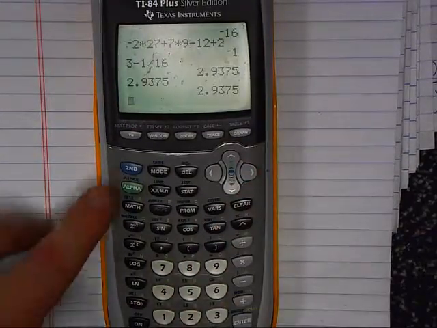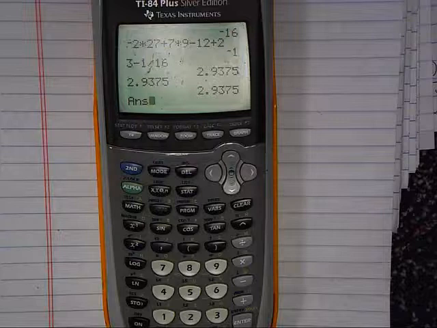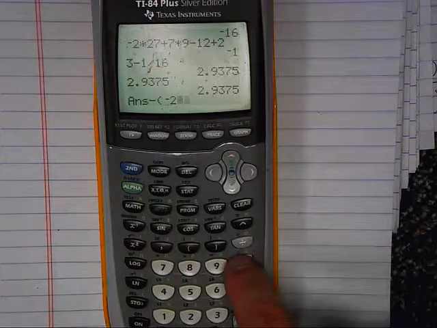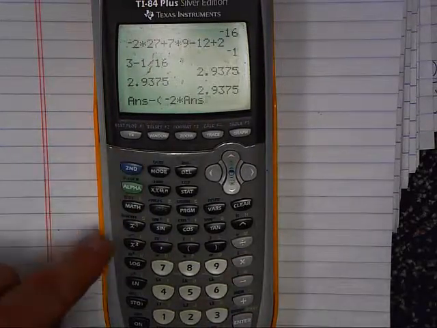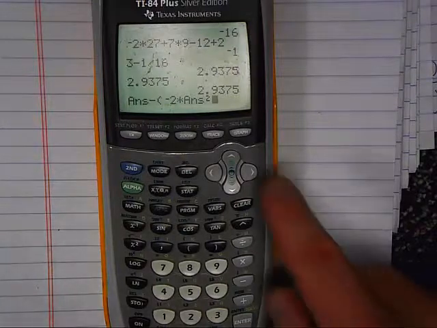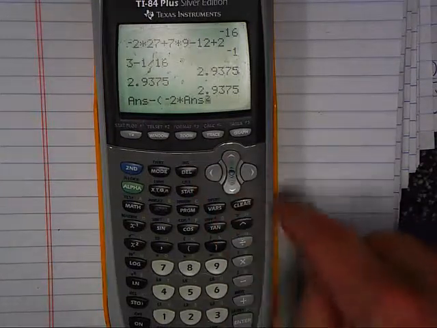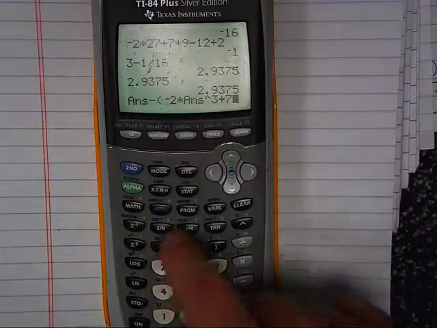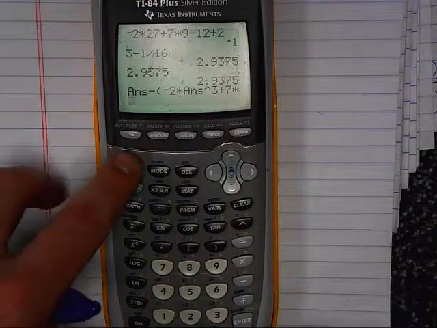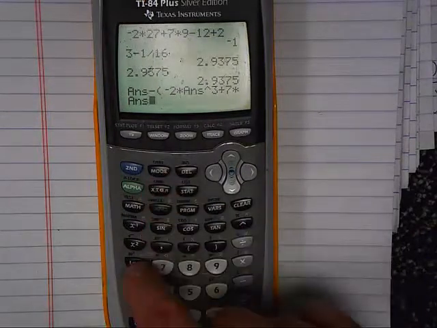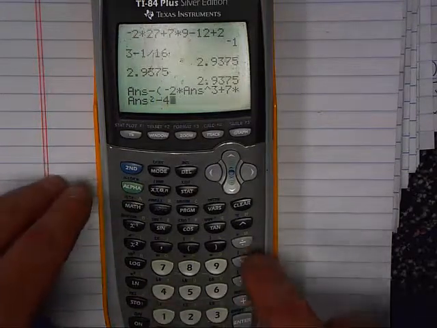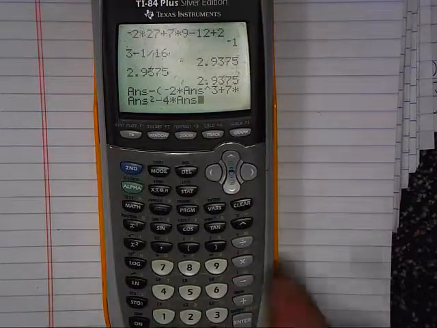So I'm going to take that number, answer, minus negative 2 times answer cubed, I'm sorry, plus 7 times answer squared minus 4 times the answer plus 2.